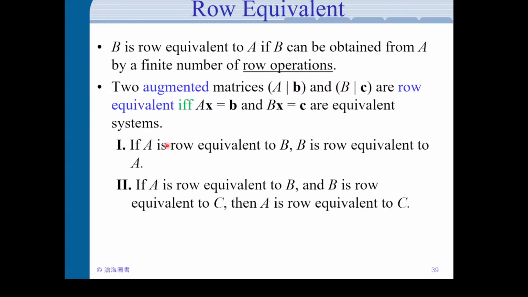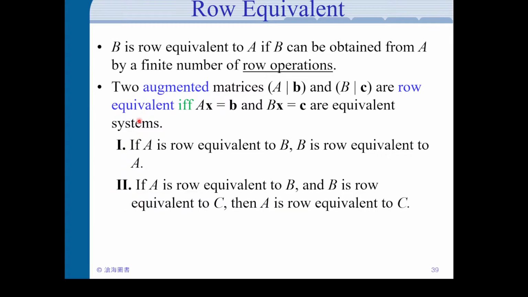And matrix A is row equivalent to B if you can do a number of row operations to go from B to A. This is something you already know from section 1.2. And then from the analysis before, we see that two augmented matrices are row equivalent if and only if they have the same solution set.